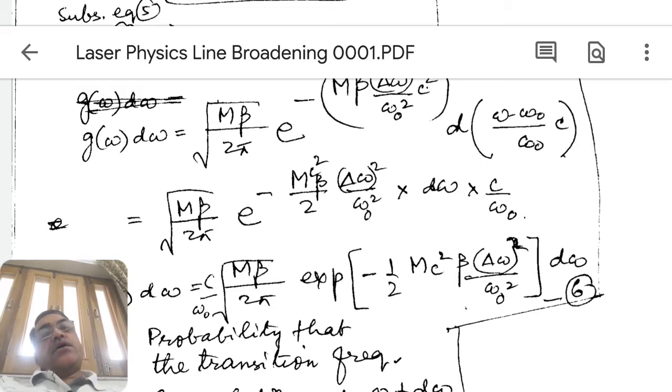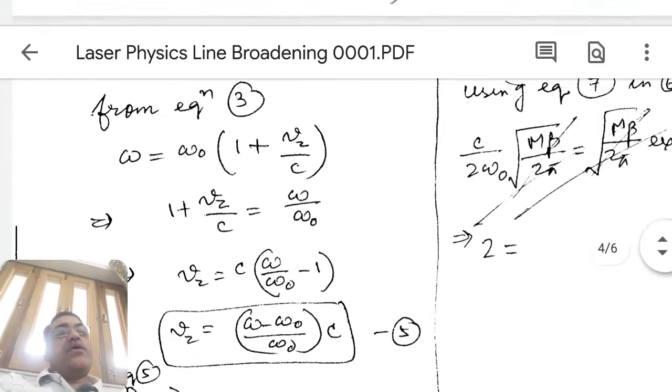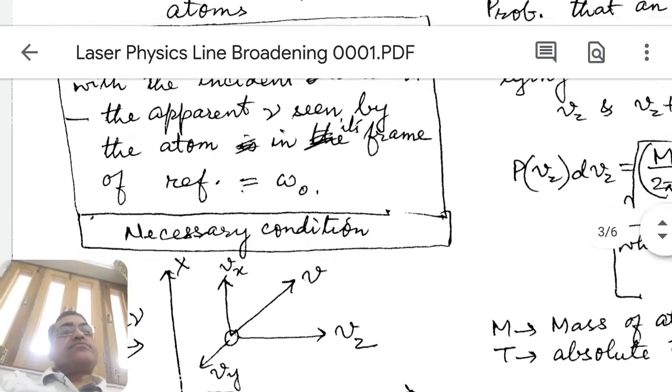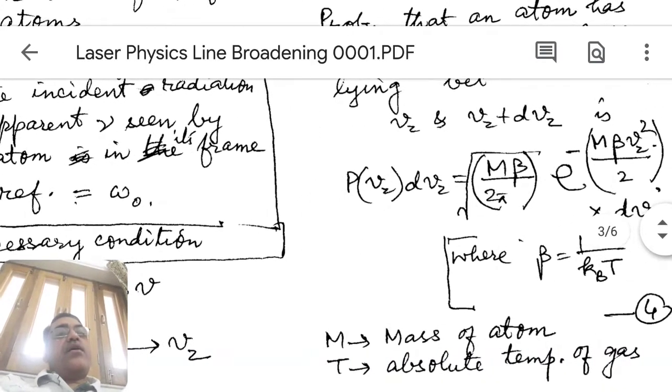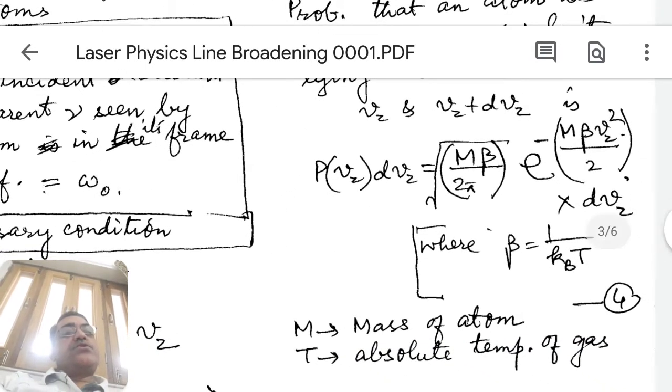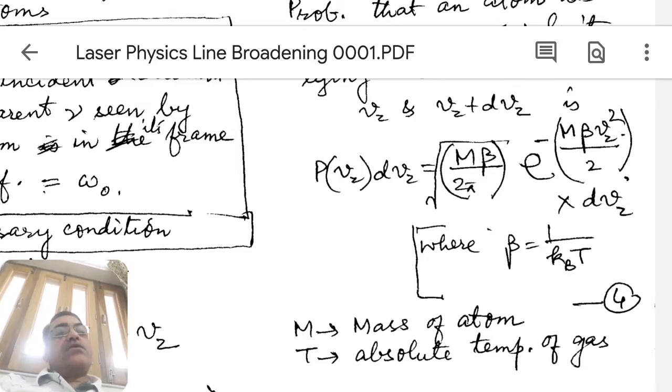I write root of m beta by 2 pi, we have to just substitute for Vz square here on the right.